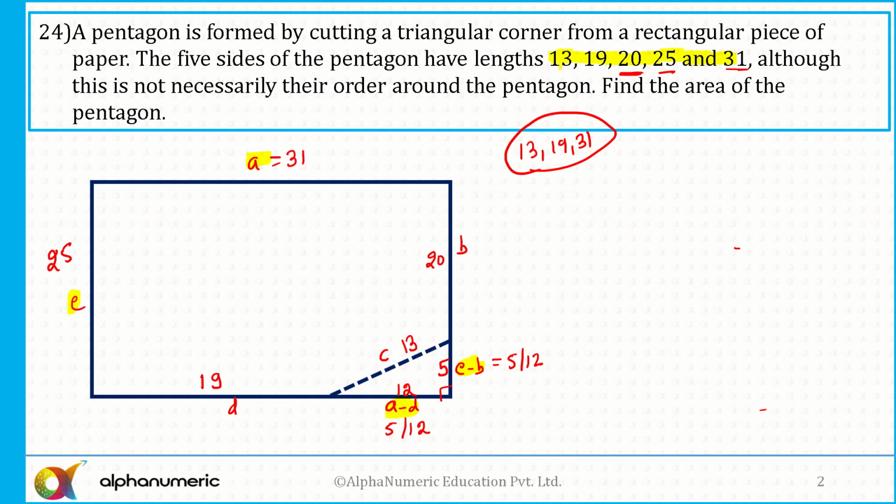The area of the rectangle is 31 into 25, minus the area of the right angle triangle, which is half into base 12 into height 5. If you solve this, 31 into 25 is 775, and 12 into 5 is 60, by 2 that is 30. So the correct answer is 745, and this is the answer.